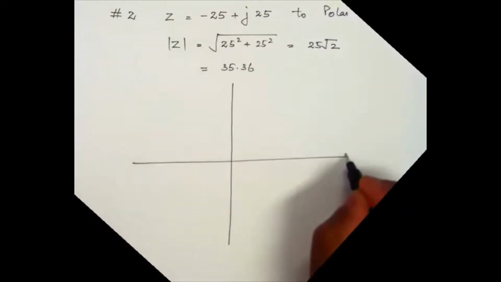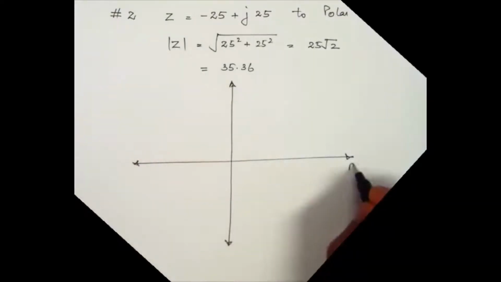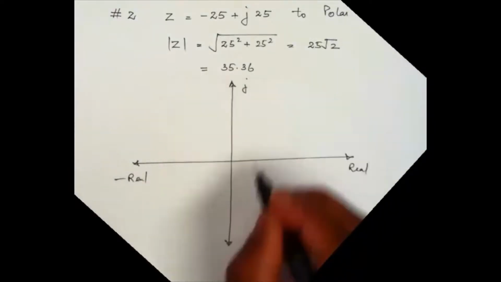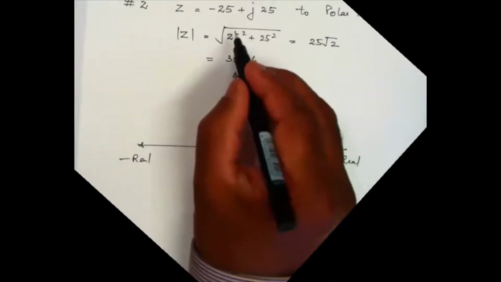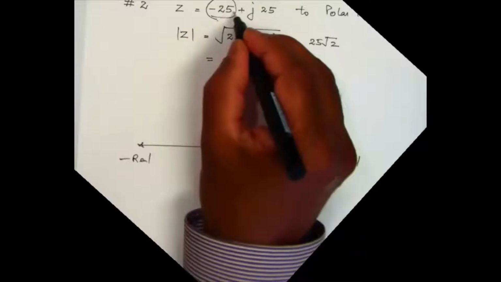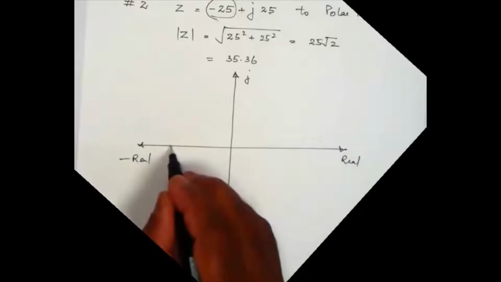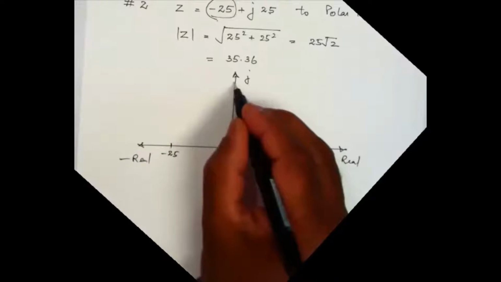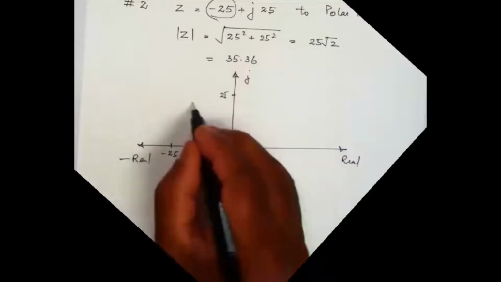And let's find the argument. To find that, like I said earlier, we have to draw the Argand diagram and find exactly where the vector is, with the negative real axis and j and negative j. So in this sum, the real part is negative and the imaginary part is positive. So we have this 25 lies there, which is negative 25, but the imaginary one is positive, so it is somewhere there.